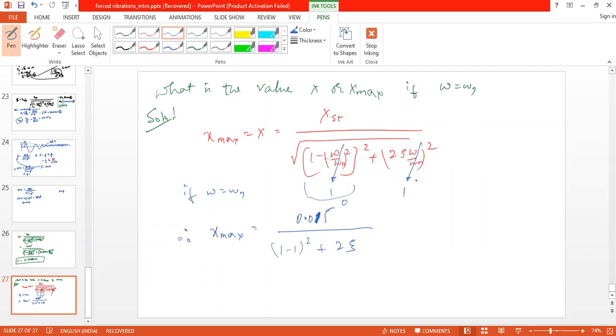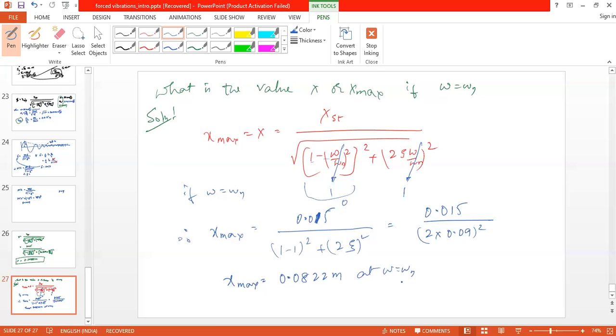So 0.015 divided by 2 into 0.09. So x max is 0.0822 meter at omega equal to omega n.